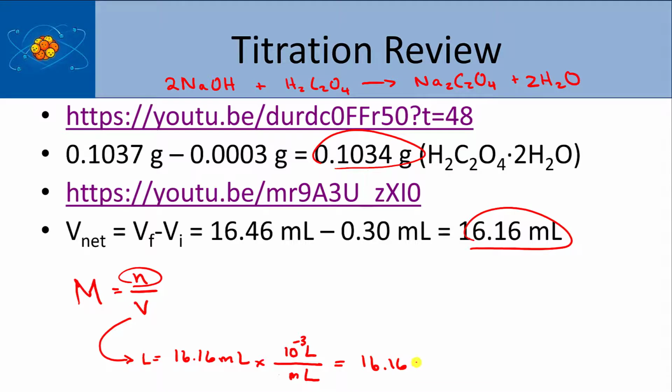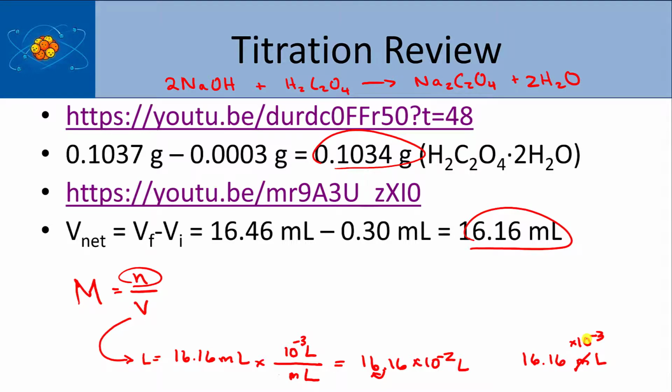16.16 times 10 to the minus third liters, and then you would convert that over and write 10 to the minus 2. Okay. The other way that I've often taught students how to do milliliter to liter conversions is to simply do this, 16.16 milliliters, and then you just cross this out and write 10 to the minus third. Okay. And that's usually a pretty simple way to do it.